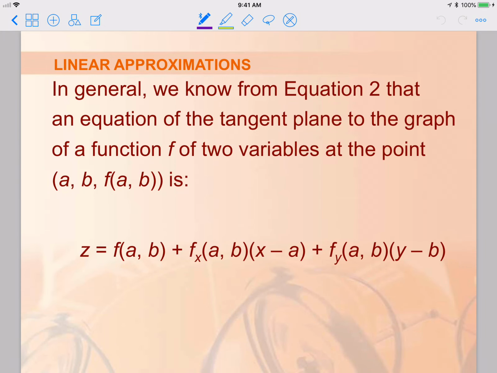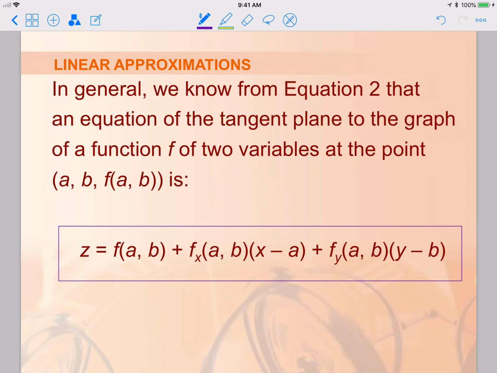So in general, we have this formula for the equation of the tangent plane. The only thing we've done differently is this: before, we had z minus z naught equals f_x(x naught, y naught) times (x minus x naught) plus f_y(x naught, y naught) times (y minus y naught).